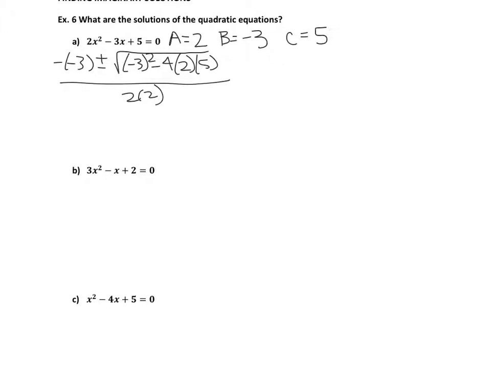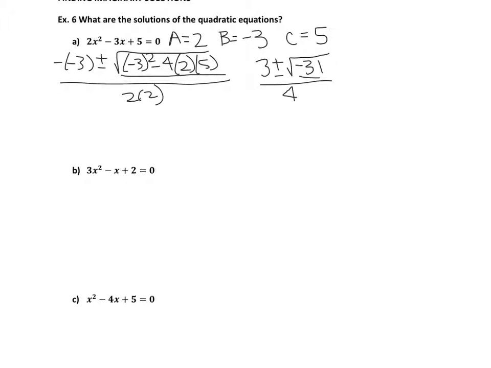When we simplify that down, remember I talked about how you start with everything underneath. You can plug this in exactly as you see it into your calculator. So go ahead and plug that in, and you get 3 plus or minus the square root of negative 31, all over 4.